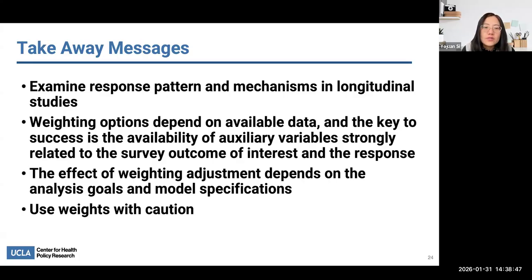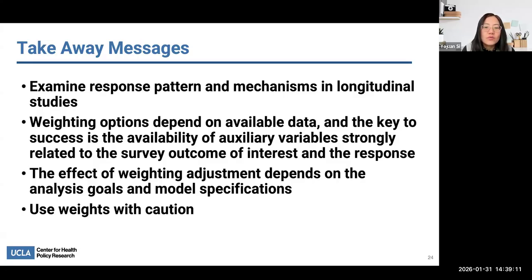And the key to success is the availability of auxiliary variables strongly related to the survey outcome of interest and the response.